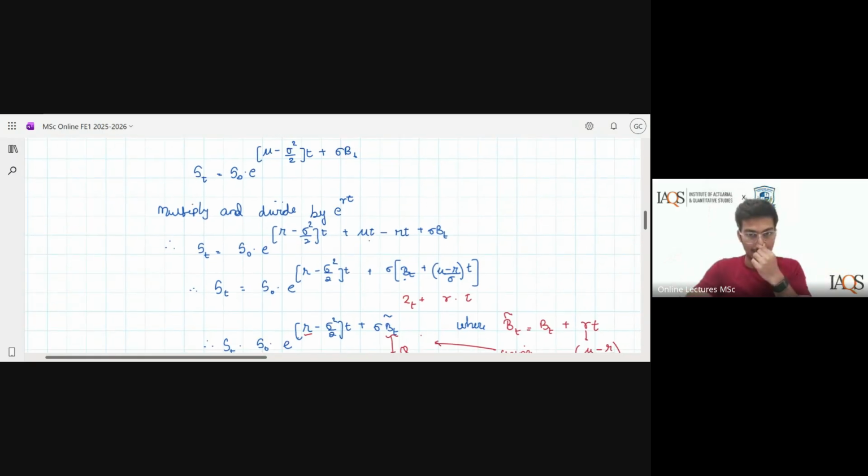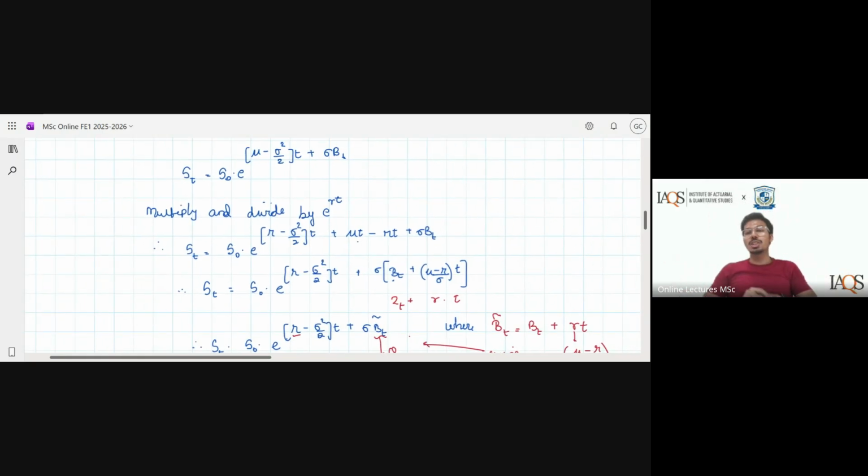Let me know if you have any questions. They can ask you to prove the change in share price process between Brownian motion and the Black-Scholes framework. That can be the kind of question that can come. These are the steps that you'll need to do. Nothing additional per se. You'll start with your Brownian motion equation, bring an r, use your CMG theorem. And if they tell you to state the CMG theorem and prove this, then you'll have to state and then prove this particular part.